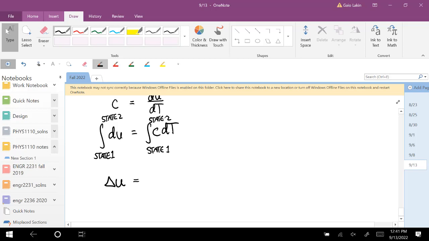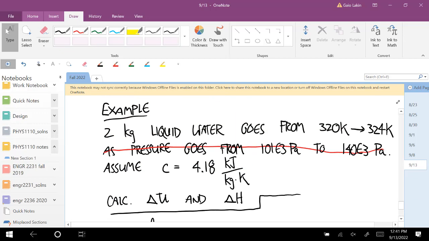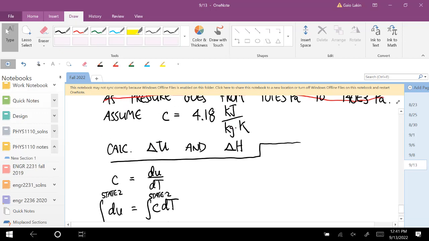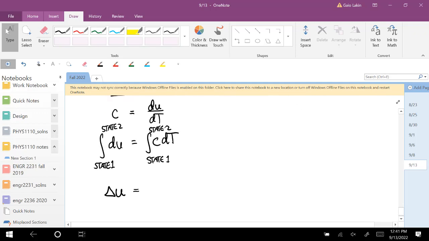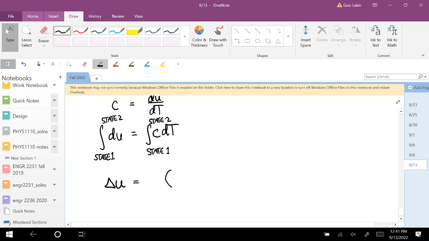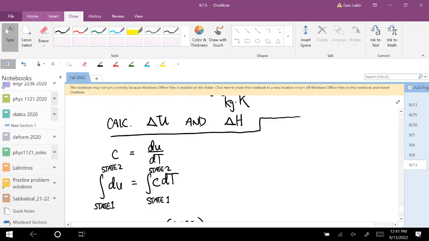C is 4.18. Let's change it to SI units, I tend to do that. So 4.18 times 10 to the third, now in joules per kilogram Kelvin.